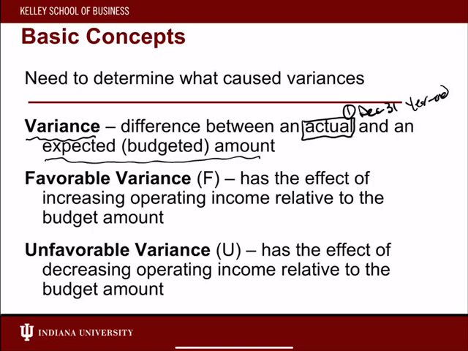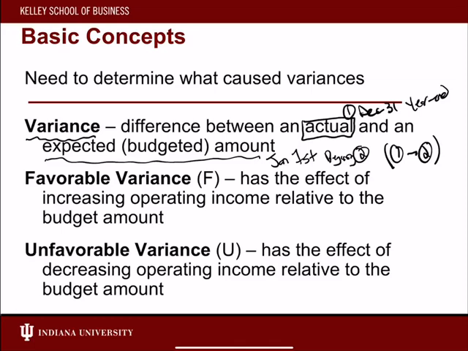The budget was created, say, January 1st, the beginning of the year. So a variance is essentially 1, what actually happened, minus 2, what we had budgeted at the beginning of the year. This difference is a variance.